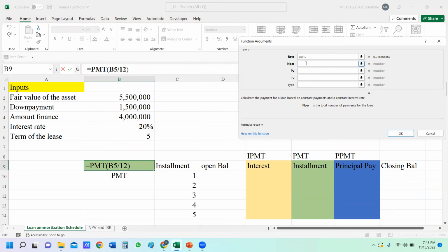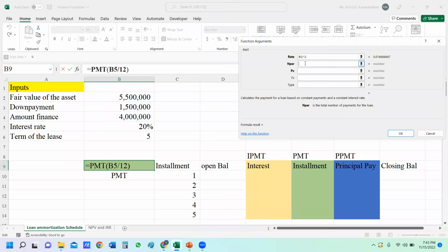Then number of payments, the number of installments paid. Earlier, for the 5 years, we took payment as 5 years. But this time, the term of the lease is 5 years, but repayment is on a monthly basis. So 5 times 12, 60.